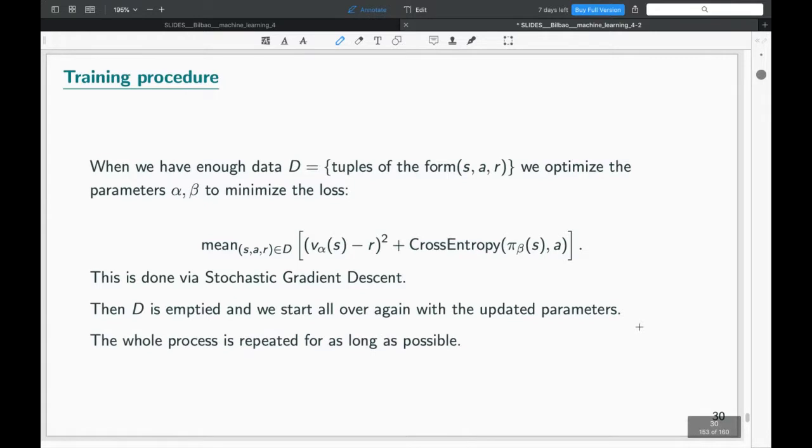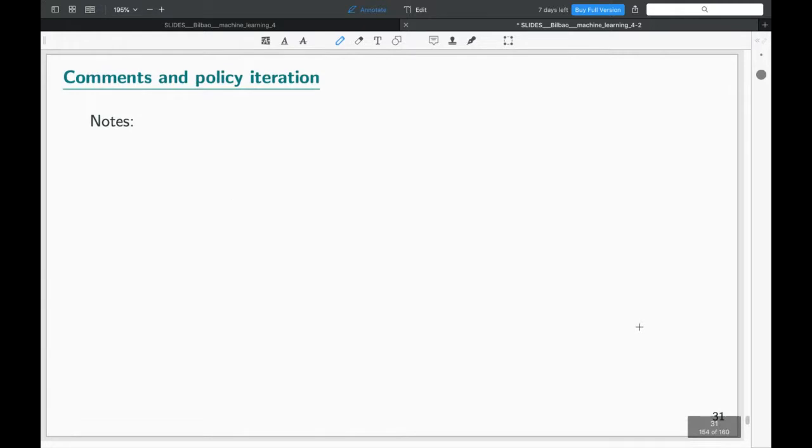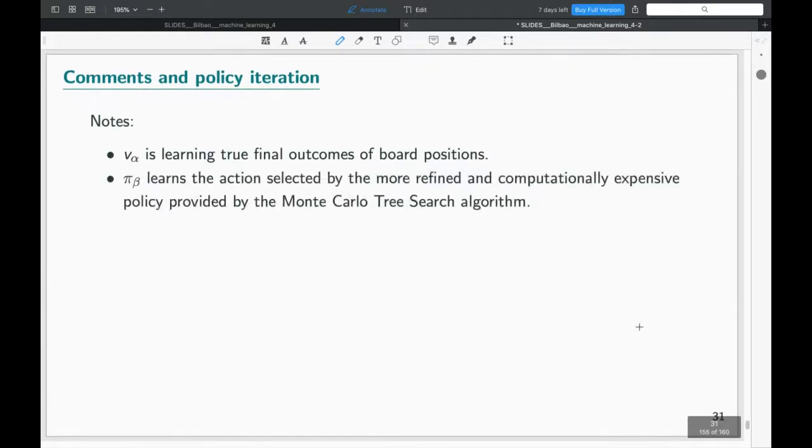And you repeat the whole process for as long as possible. And last slide, as I said, v_alpha learns the true final outcomes of board positions, and pi_beta learns the very good predictions made by the Monte Carlo tree search algorithm.